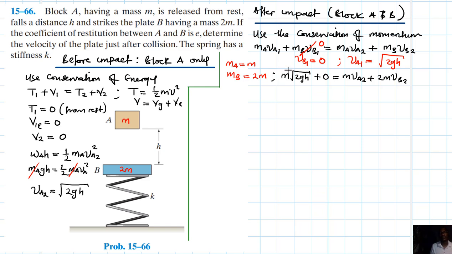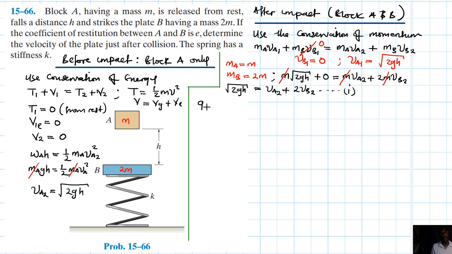And then this goes. Therefore, what we remain with is square root of 2gh equal to v_A2 plus 2 v_B2. So this is equation 1.